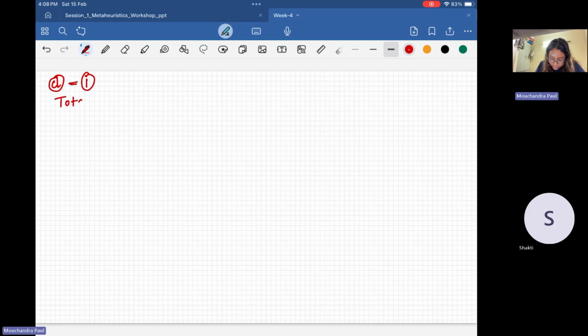Let's calculate that first. Total number of moles exiting, so let's denote it with P.